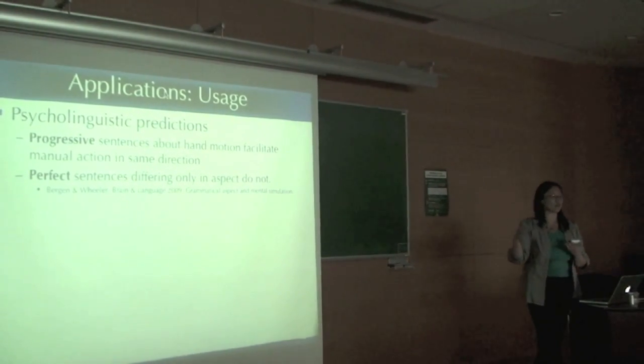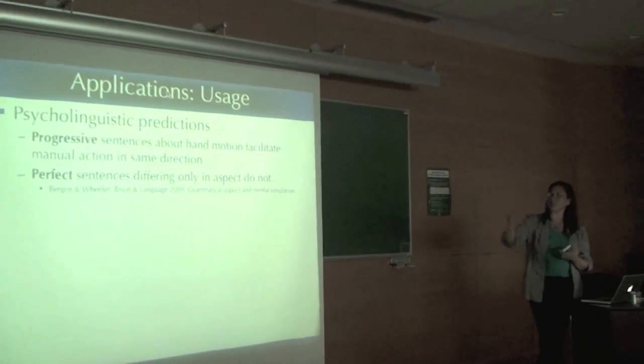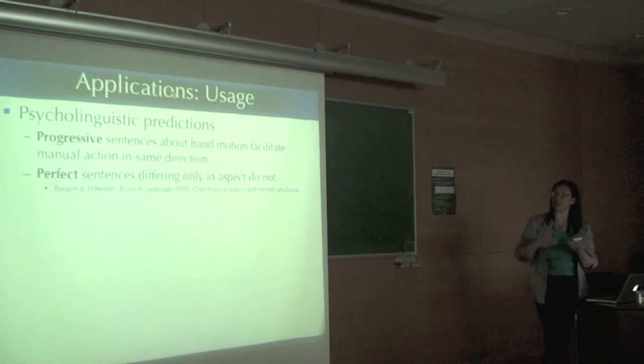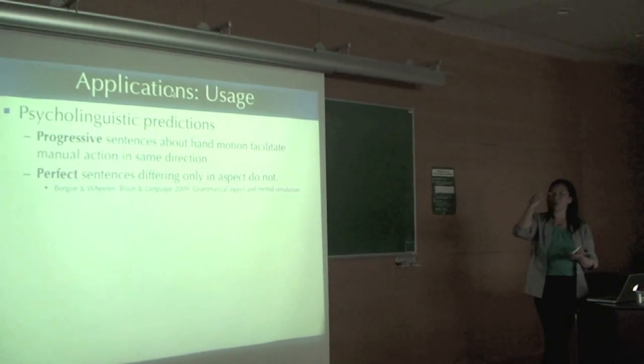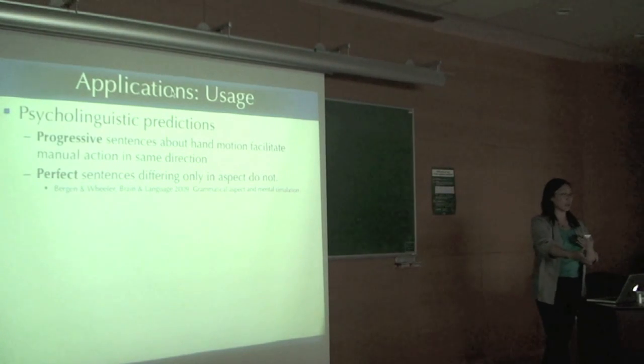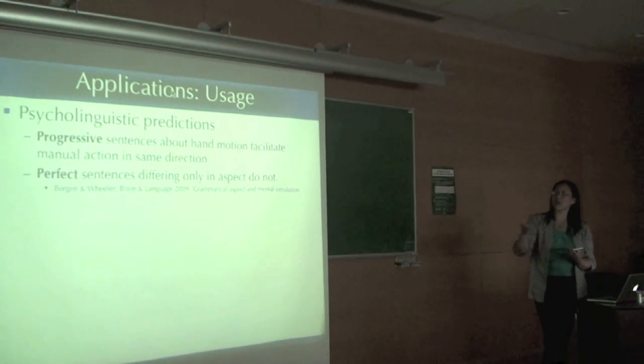And similarly, if they're performing an action, a progressive sentence about hand motion facilitates manual action in the same direction. So basically, if they're talking about something, it might make for a faster response. So these kinds of psycholinguistic experiments have been happening, and perhaps perfect sentences don't have this effect.